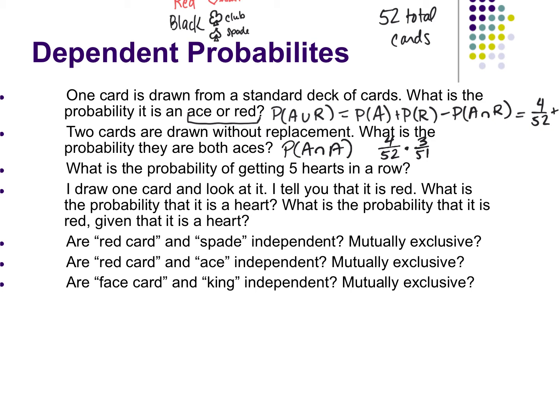So now the deck of cards has 51 to choose from, and there's only 3 aces you can get. So then that's 12 over 2652. It's just 0.00452.